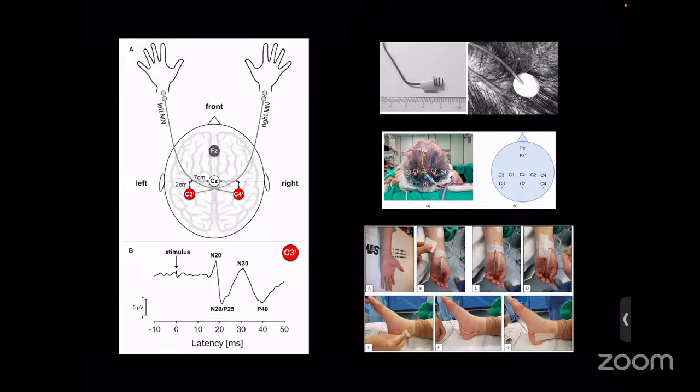So at the bottom right, see the nerves that you'd commonly put the electrodes along. For the upper limbs it is the median nerve, and for the lower limb it is the posterior tibial. The stimulus is given and it travels up to the cranial portion of your head at C3 and C4, which relates to the somatosensory cortex of your brain. And that is where the signals are recorded.